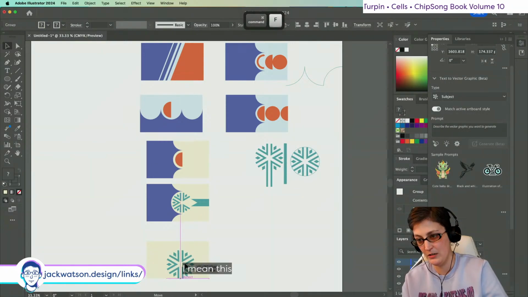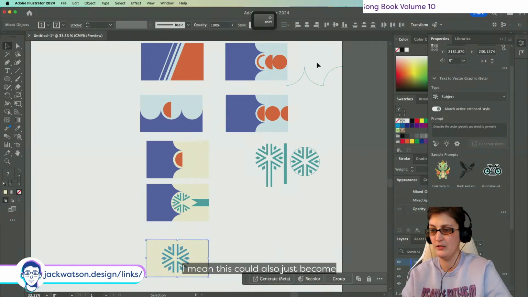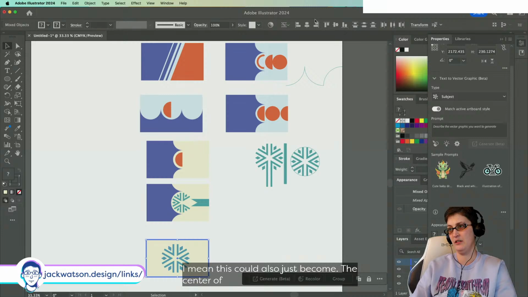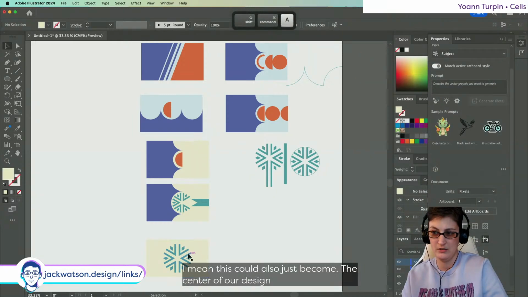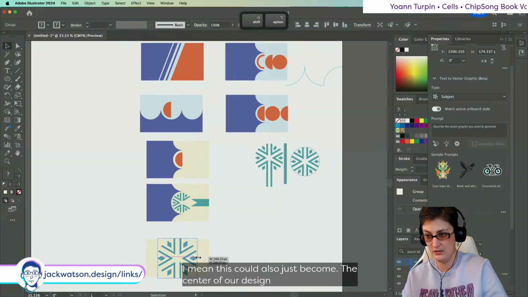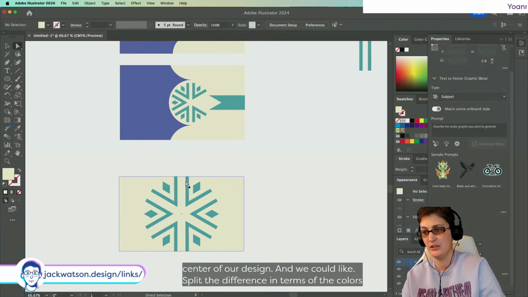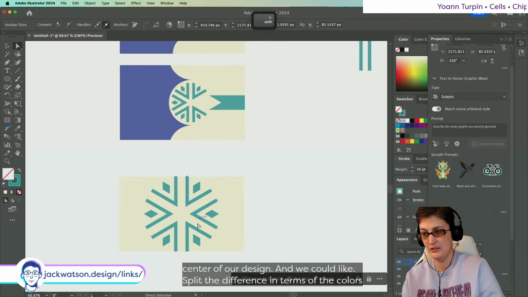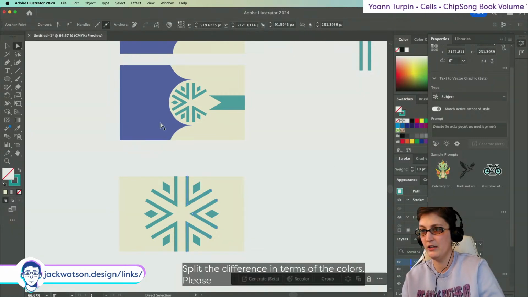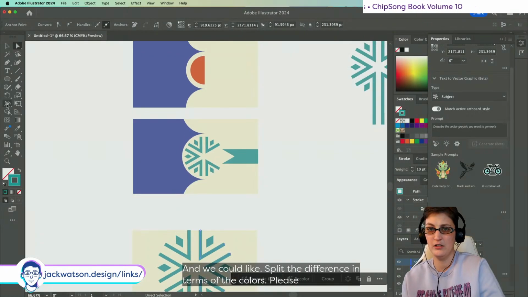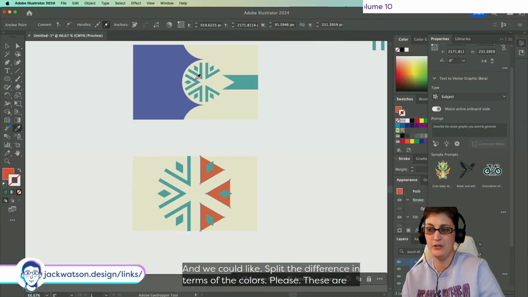This could also just become the center of our design. And we could split the difference in terms of the colors. These are maybe red. These are maybe blue.